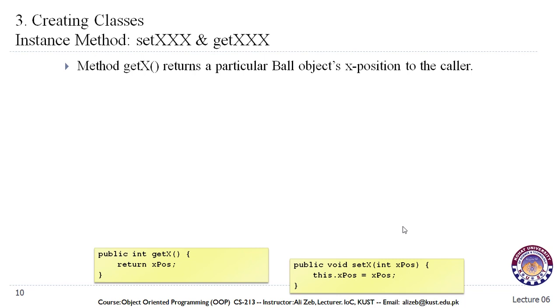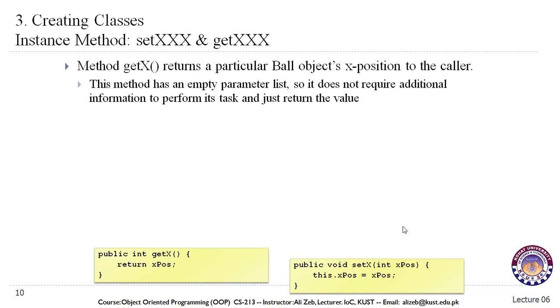So if you look at the setter and getter methods, the method getX returns a particular ball object's x position to the caller. In this particular example, we will be using the getter methods to return the value for a particular instance variable from our class, and we will be using separate getter and setter methods for all the instance variables of the class.